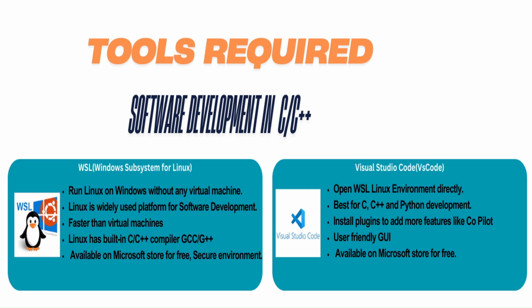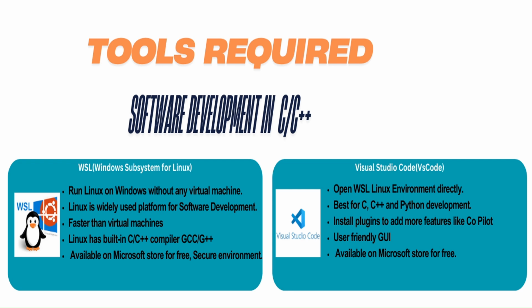Today we will mostly focus on the tools required for software development in C and C++. As we are doing lectures on the C programming language, we need some environment where we can practice our programs in C, and also practice exercises.